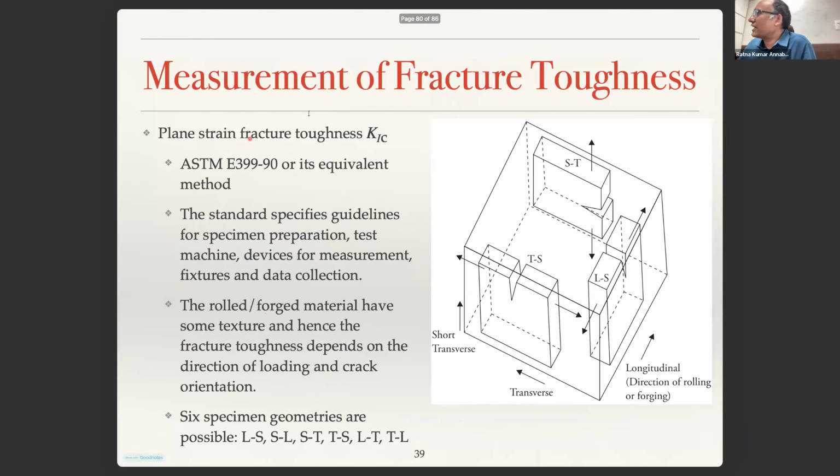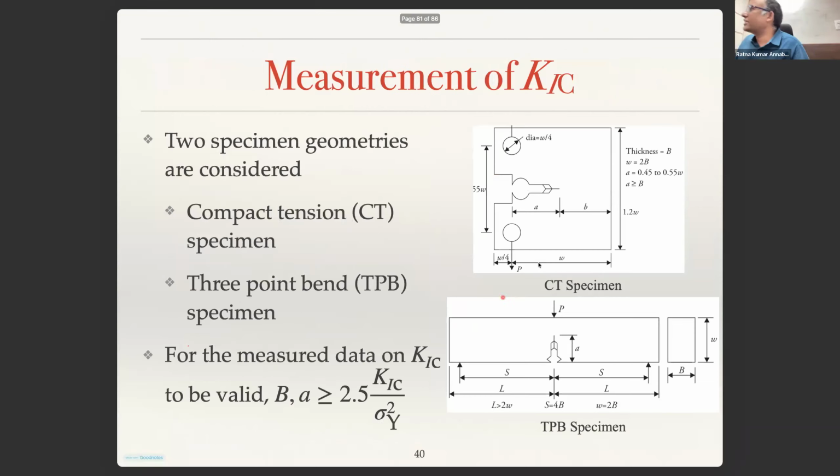And usually you can cut the specimen, but there are more details. So you actually cut a specimen like this. This is what we call compact tension specimen, CT specimen, or you can also cut this specimen that is called 3-point bending specimen. TPB means 3-point bending, meaning here you have a support, here you have a support, and you will apply a load here.